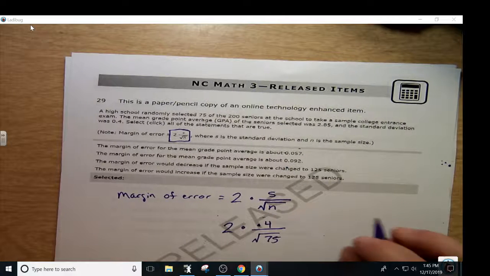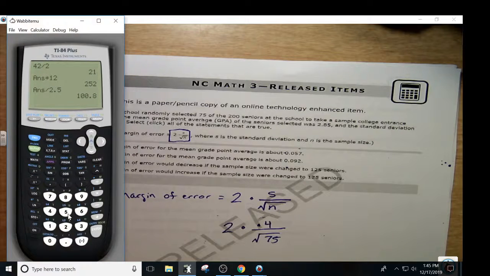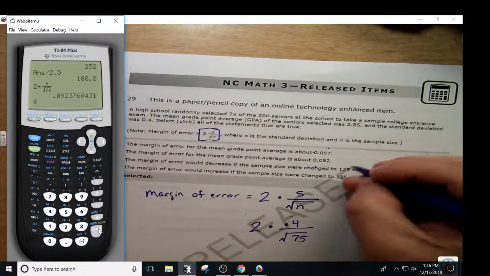Now, if we put that in our calculator, that is 2 times a fraction. Now we're going to put in 0.4 on the top, and then the square root of our sample size on the bottom. That's what we get, 0.092. So that one actually would work.